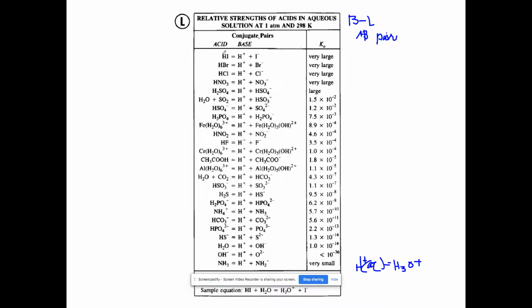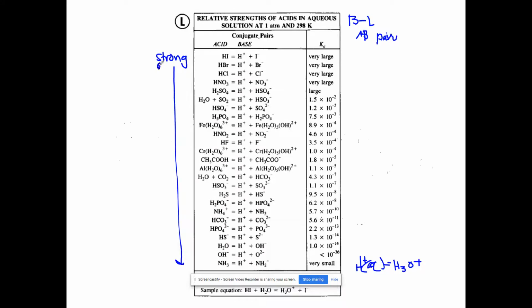So Ka, this would be the strongest acid, hydrogen iodide. I don't believe we have it in our chemical storeroom in a high school, possibly in a college lab or a pharmaceutical or business lab. And so as you go down, these are going to be weaker.